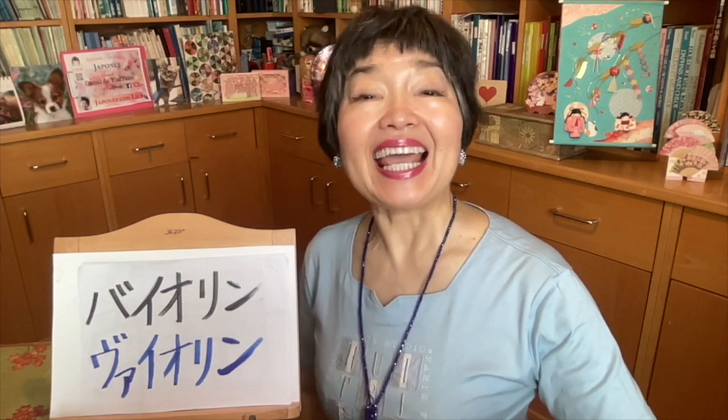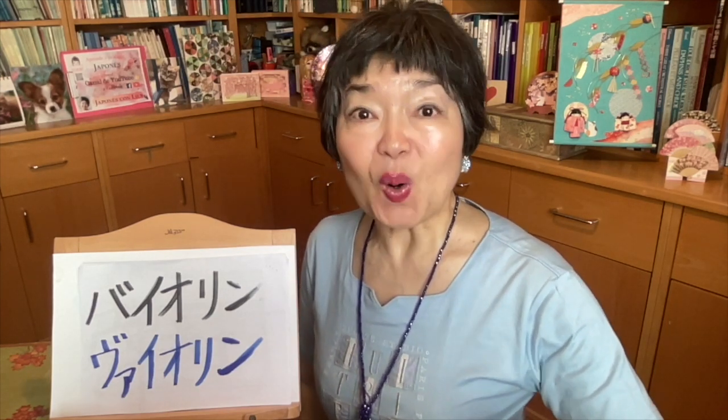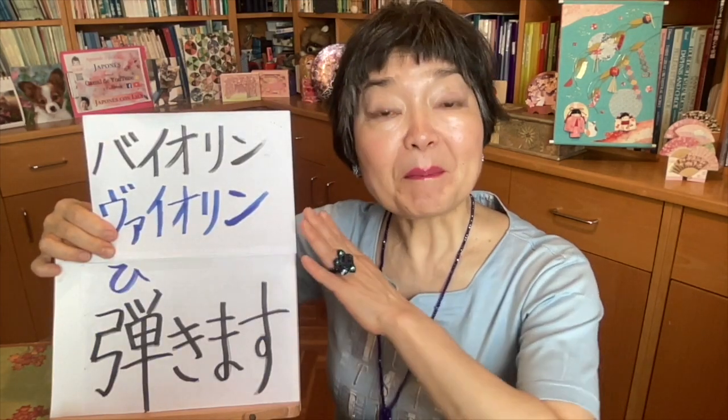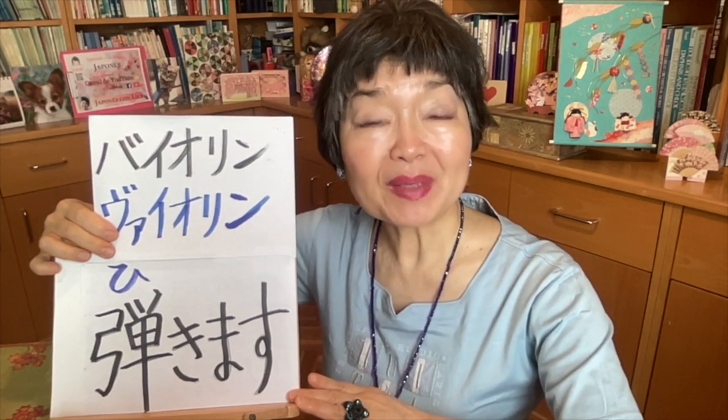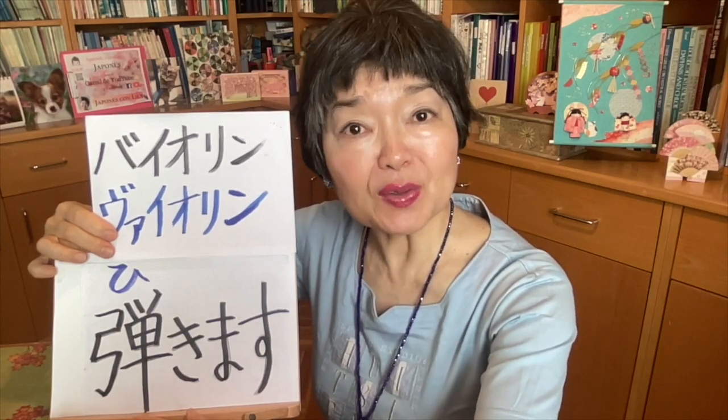Miss Suzuki can play the violin, and is intelligent, and also she's good at cooking. To play the violin, バイオリンを弾きます。 But now she can play, so this must be the potential verb.